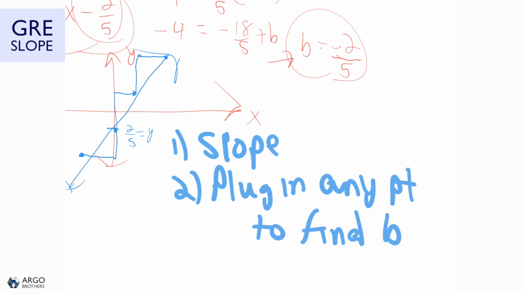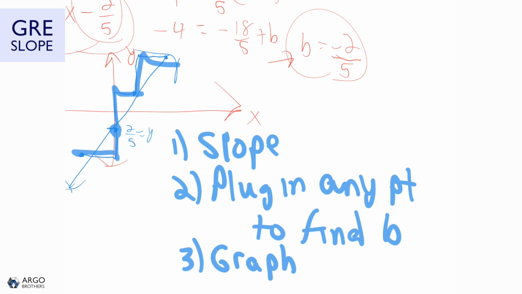After that, what you want to do is just graph. Graph the y-intercept, put that point, and then do the rise over run. Rise some amount, run some amount, and then you can do it down, and then just connect the dots. So it's pretty simple. That's how you find a line given 2 points.